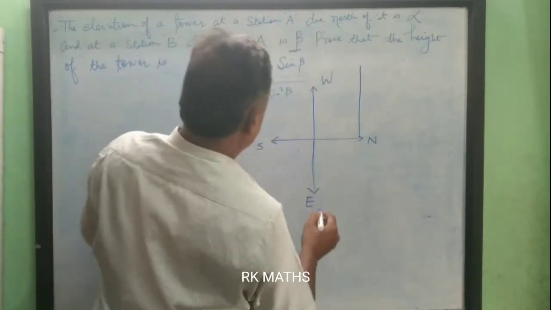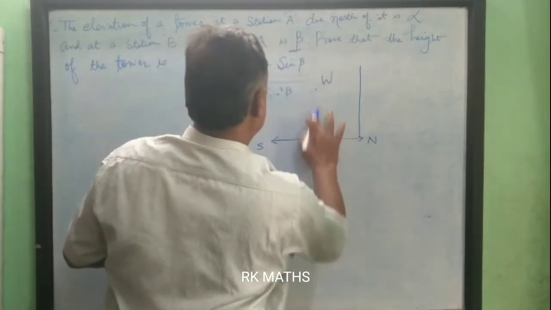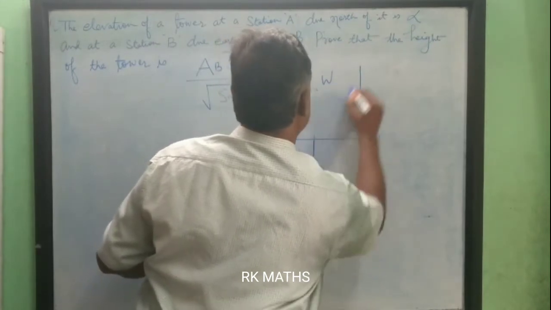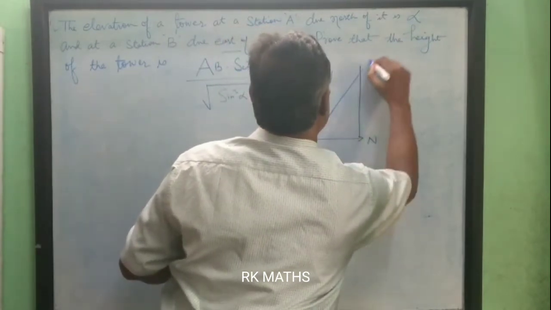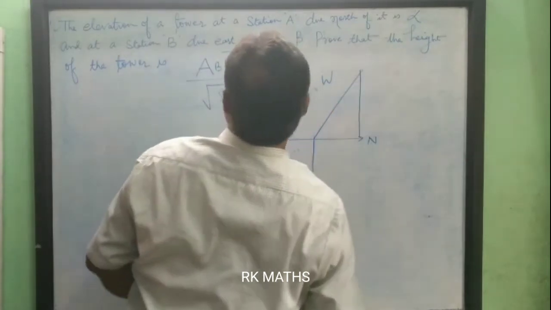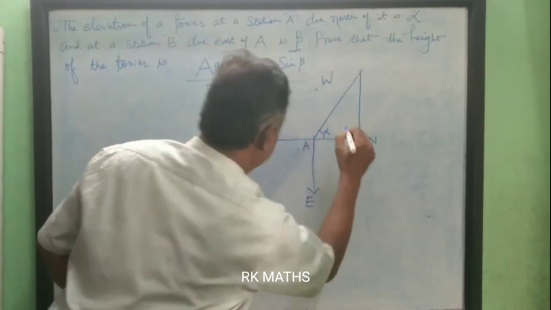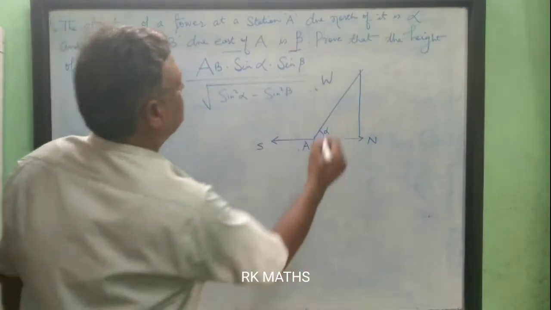This is the tower and angle of this point is A, and this is angle of elevation alpha, and this is tower.